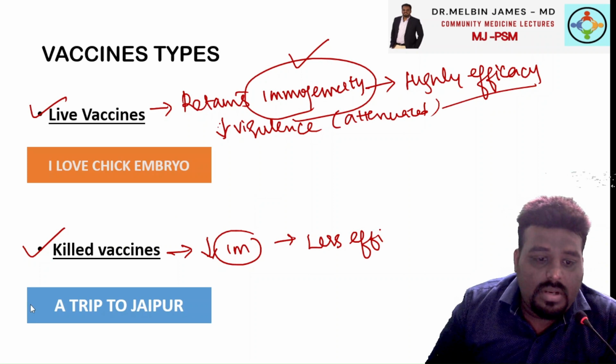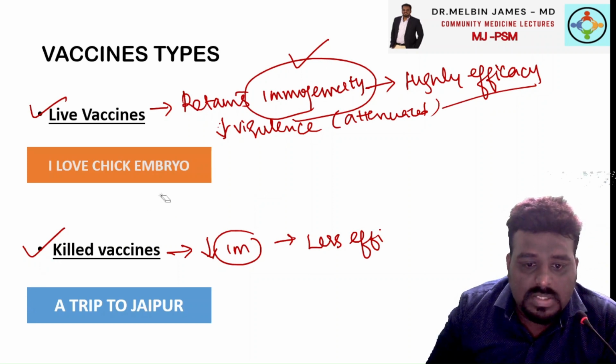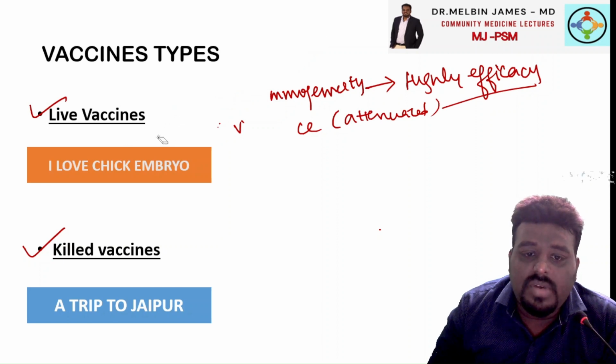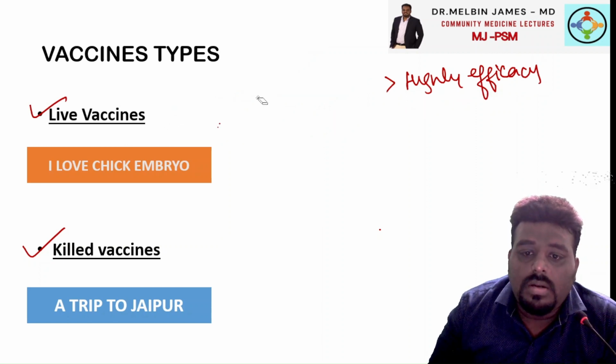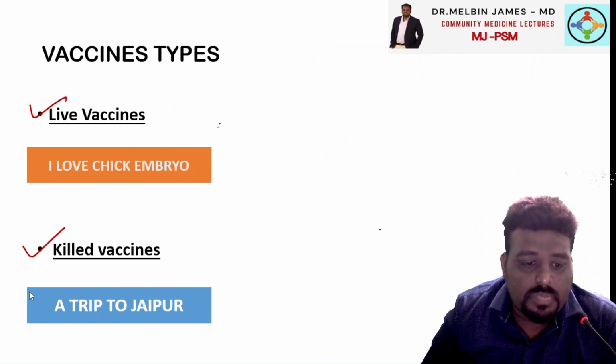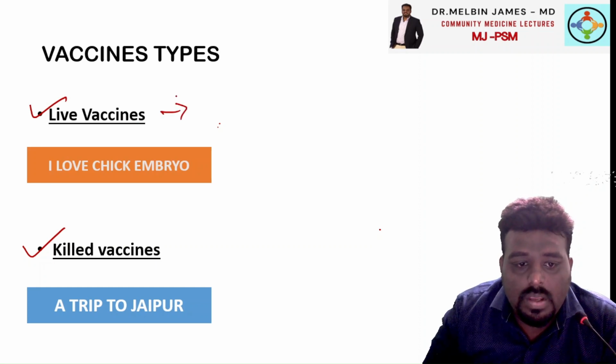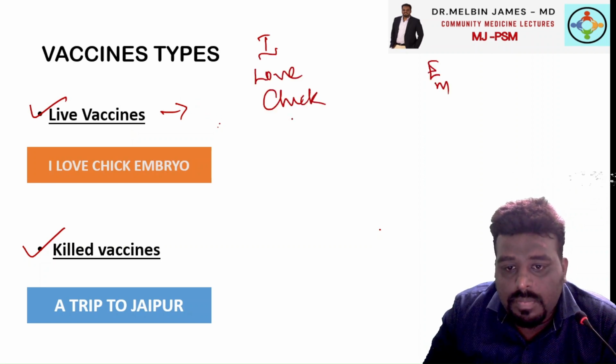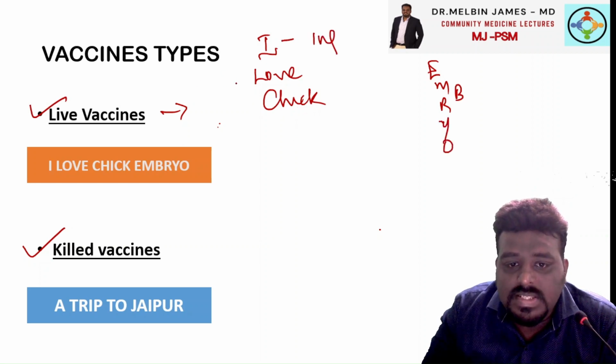Okay, and I have a mnemonic to remember these vaccines, in case it is asked in your exams. The mnemonic is: I love chick embryo. I is influenza live vaccine.